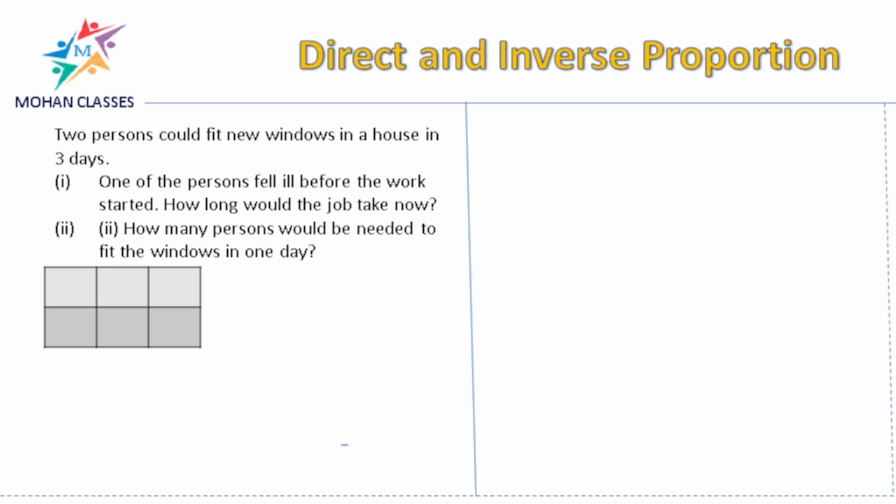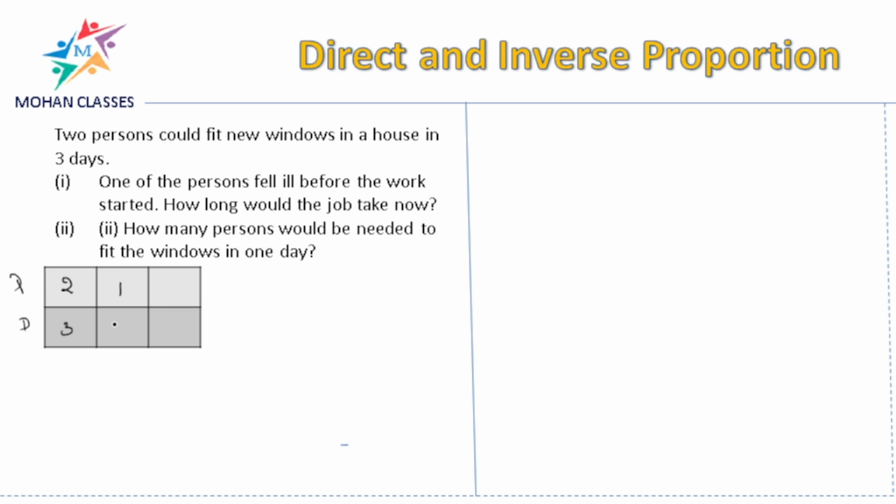Here 2 persons could fit new windows in a house in 3 days. So 2 people working means they can finish the work in 3 days. First, 2 people can finish the work in 3 days. Here also we have people and number of days. One of the persons fell ill before the work started, so 1 person is reduced.